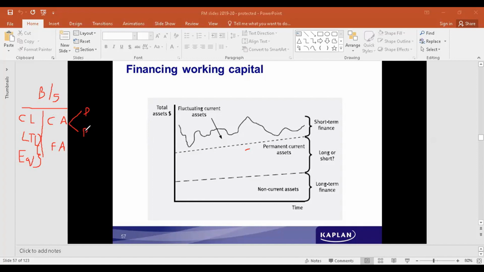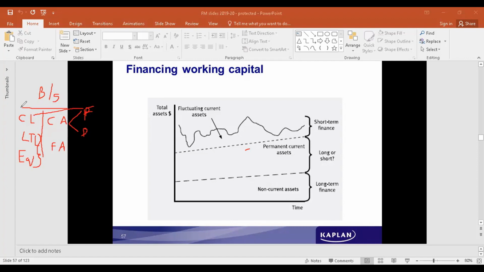Let's put this one as permanent and this one as fluctuating. The current liabilities should be used to invest in fluctuating current assets because they get converted into cash very easily. This can be repaid, so the account settles there.